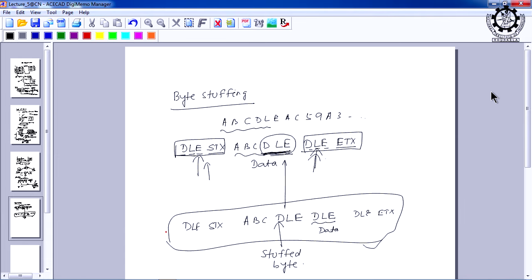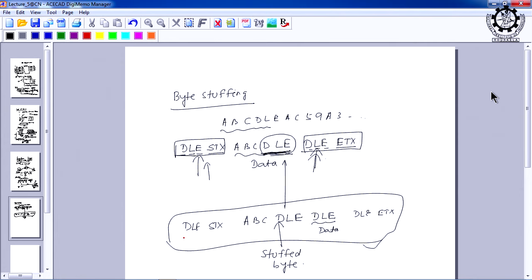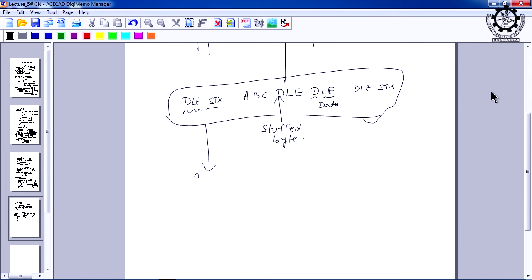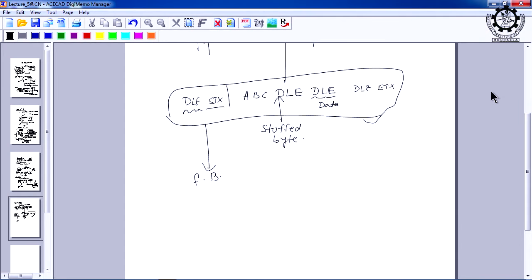When it goes to the receiver, how does the receiver interpret it? It first checks whether there is a DLE followed by STX. If this comes, it is considered the frame boundary, that means the start of the frame. The header is eliminated, or decapsulated.